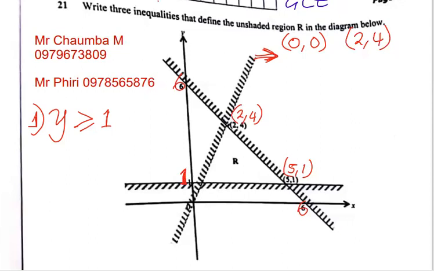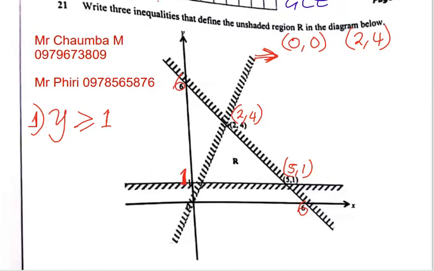When it is diagonal, meaning it is not vertical or horizontal, it is important, except for those special equations like y equals x or y equals negative x, which are also straightforward.